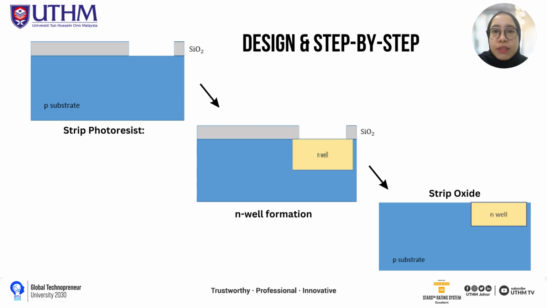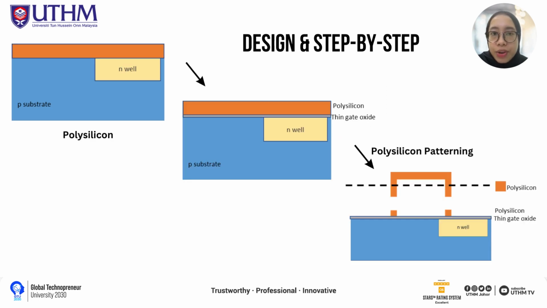So next, step 8 is strip oxide. The remaining oxide on the surface of the wafer will be stripped off using hydrofluoric acid. The oxide needs to be removed to create the gate junctions. A very thin layer of gate oxide is deposited, as is polysilicon.